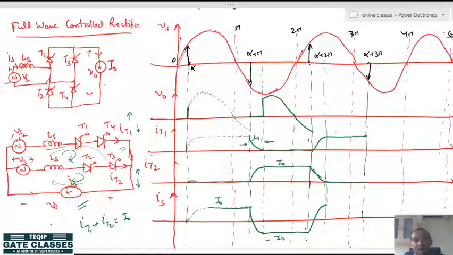In this duration again the output voltage will be 0 because of the short circuit, and when this overlapping period is over, again the output voltage will be like this, and then it will go negative, and again. Now you can understand this cycle will go on like this.